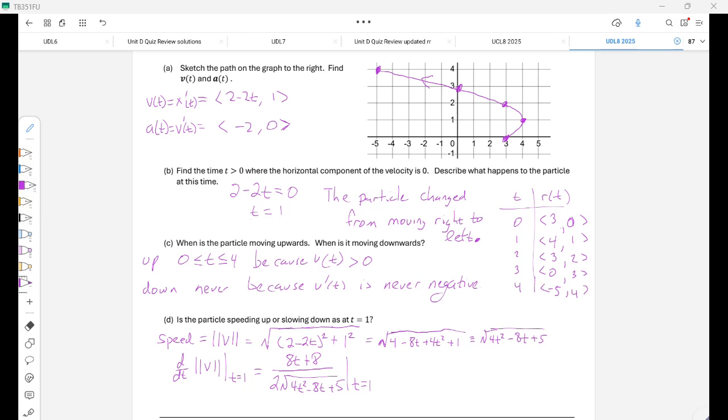Your choice on how you want to show this, I think it should be pretty obvious that if I plug 1 into that numerator, 8 plus 8 is 16, which is positive. If the number worked in the function itself, it needs to work in the derivative if we're working with these square roots. There'd never be a way where you would come up with something where it wouldn't work. But we ended up with 4 plus 5 minus 8.